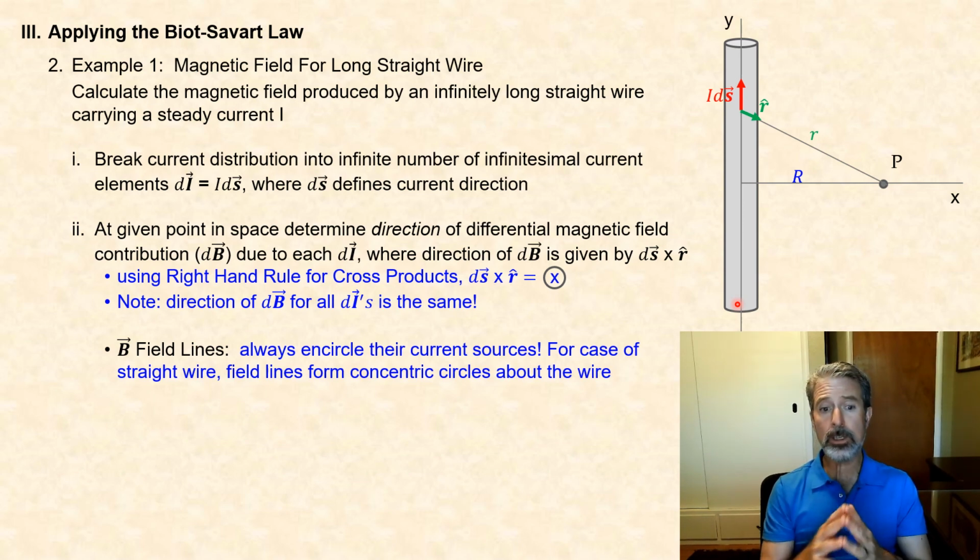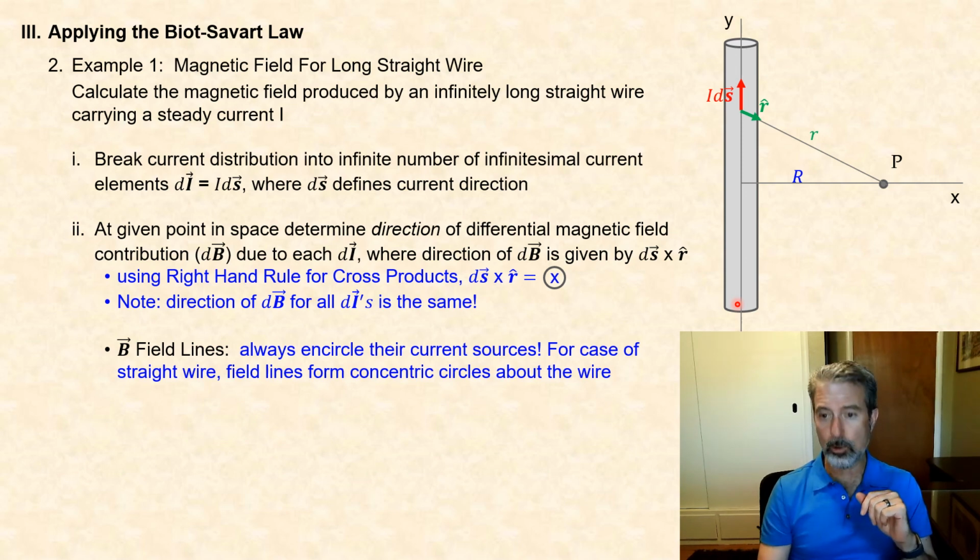So for the case of the straight wire, these field lines form concentric circles about the wire. And I would say this is what makes magnetism a little bit tough, is you have to be able to think in 3 dimensions.